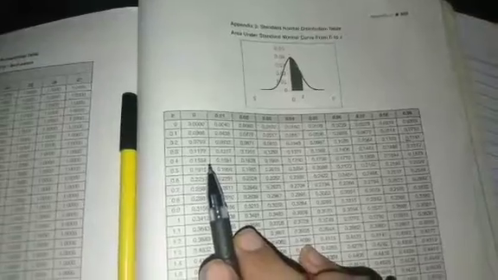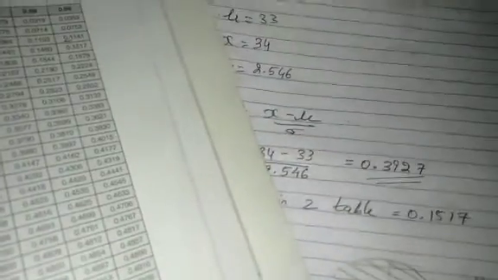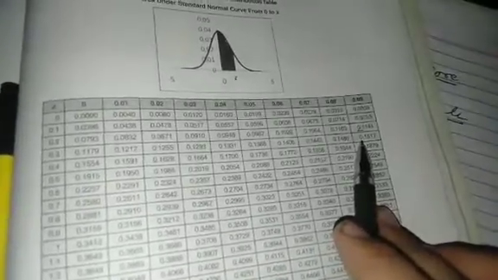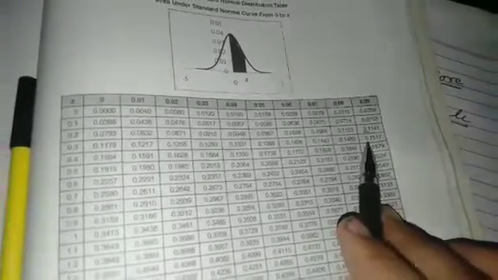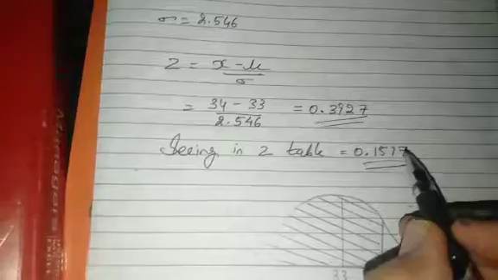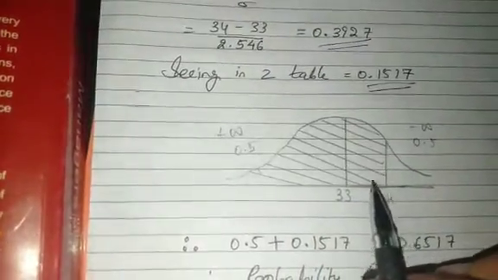After deriving the value, I have to see the Z table or normal curve, and we need to find the value of 0.39. So we look at 0.3 and then the value under 9, that would be 0.1517. The same value I have written here, that is 0.1517, and then I have drawn the normal curve, that is the bell shaped curve.